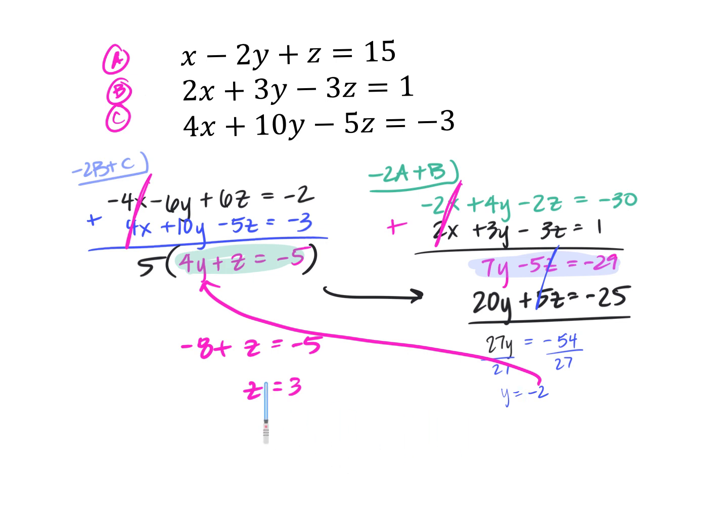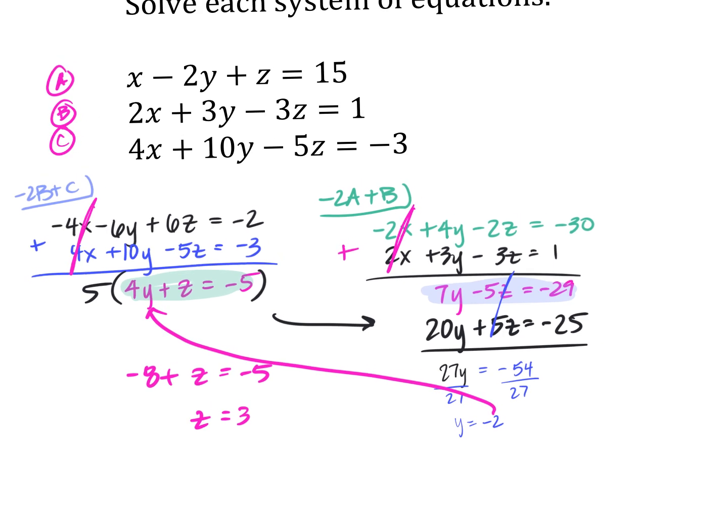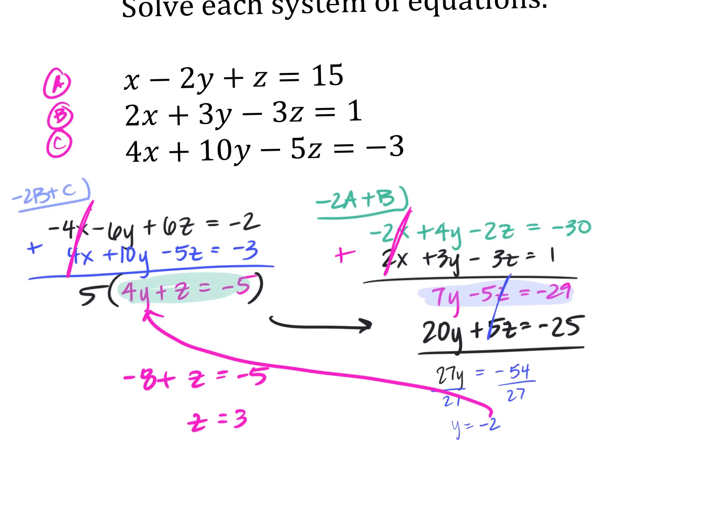Do you want to plug in my Z and my Y to A, B, or C? It makes no difference. A, B, or C. You down with A? All right. My X, we don't know it. What would -2Y be if my Y is -2?